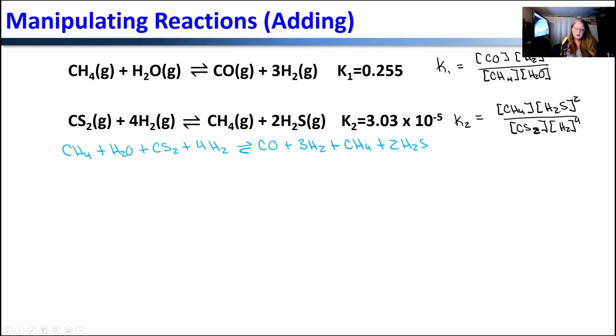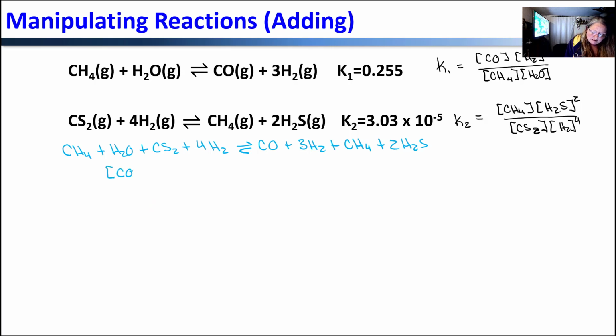So if I want to write an equilibrium expression for this beautiful combination of chemical elements that are reacting with each other, I'm just going to do the exact same process I've done before. The only difference is now I just have a bunch more of it, right?